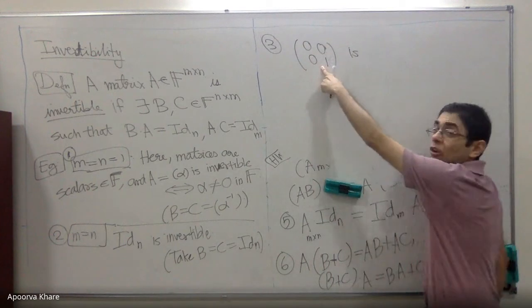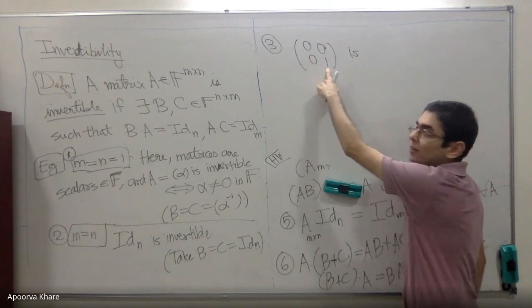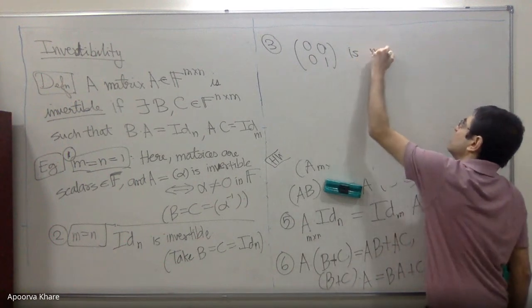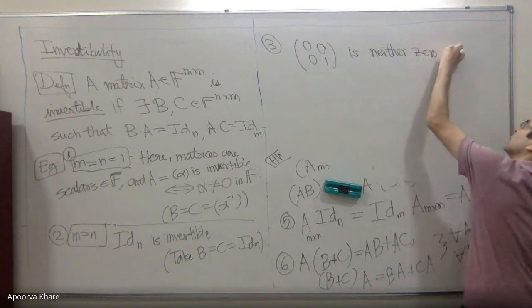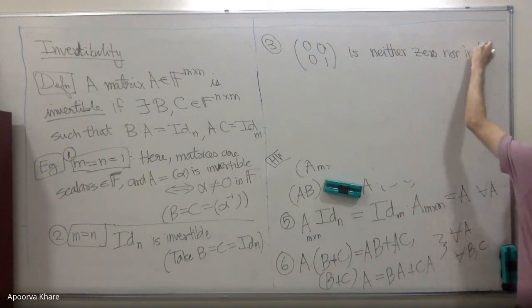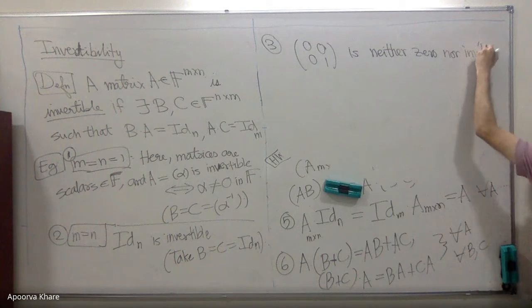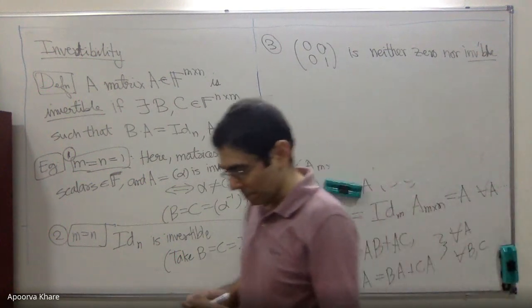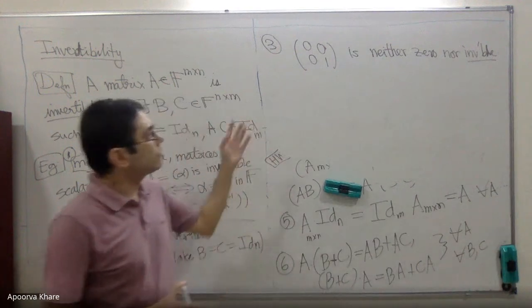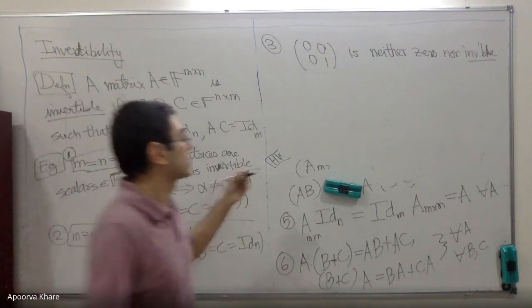So first of all, this is non-zero because there is an entry that's non-zero. It's neither 0 nor invertible. Because you can't multiply, so let's check.